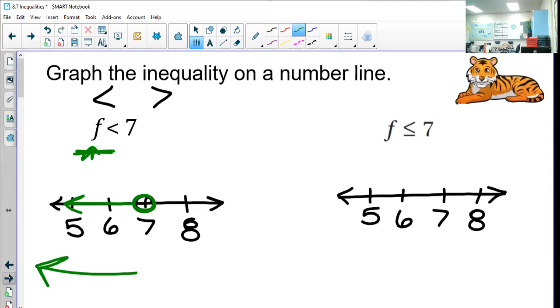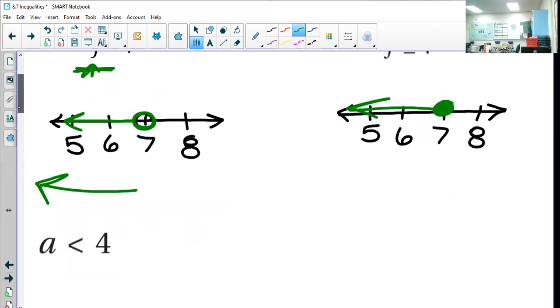This time, we're going to put a dot at 7, but we're going to fill it in because it's equal to. The solution could be 7, and anything less than that. That's how you graph that. You include the 7 because it could work. It could be equal.